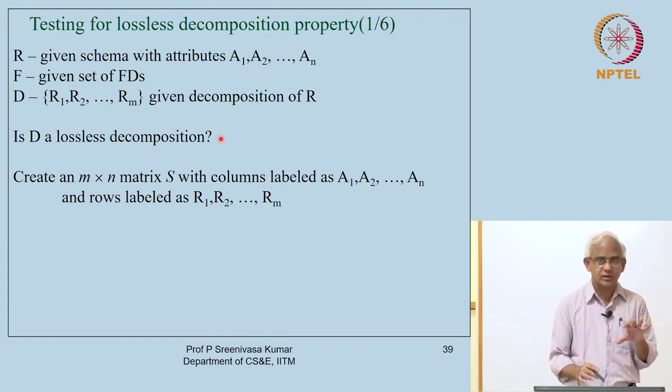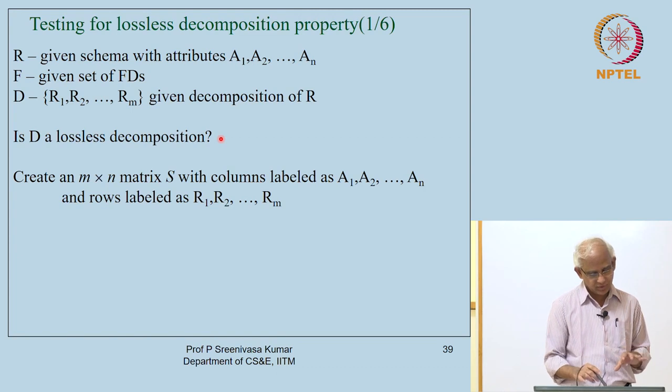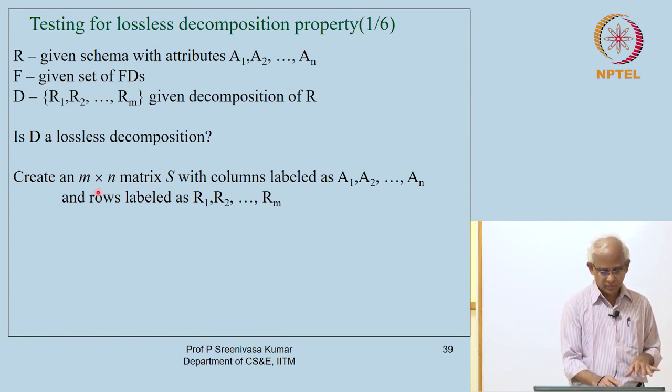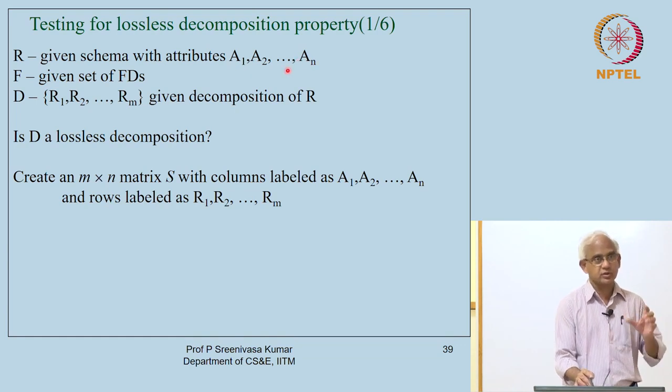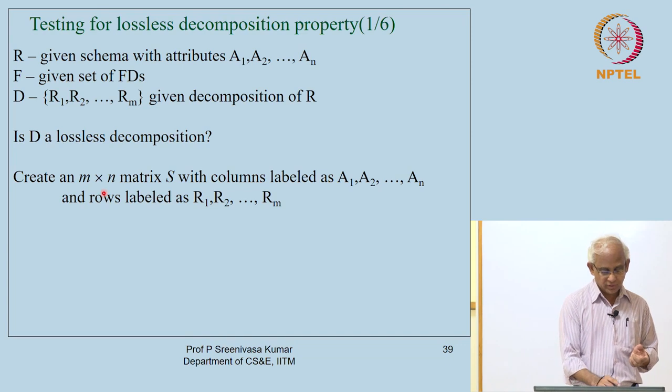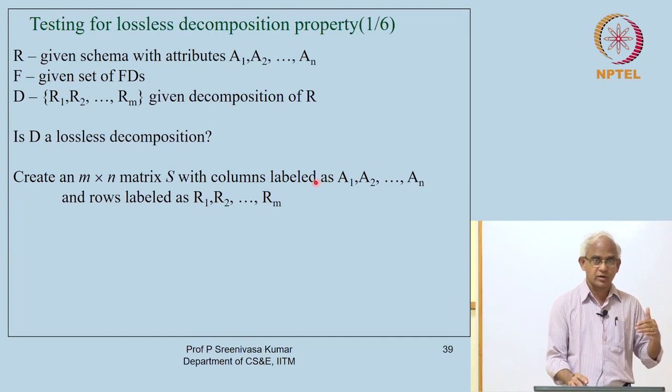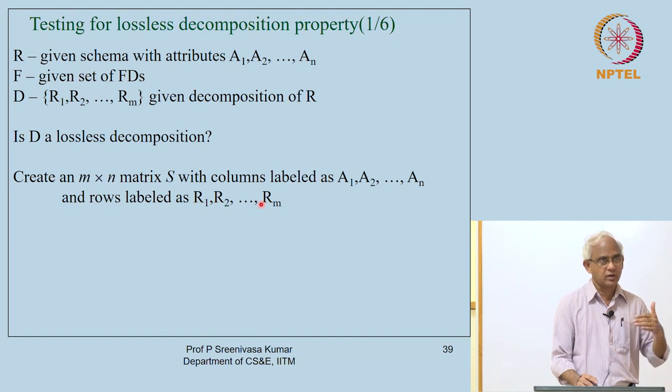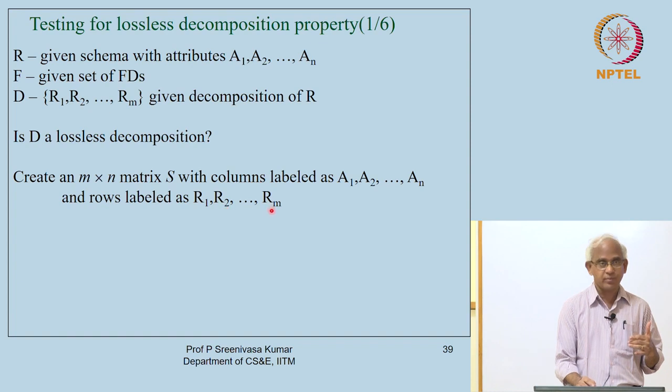This algorithm works on a small matrix actually. We create an M by N matrix, where M is the number of components in the decomposition and N is the total number of attributes present in the original scheme. We create an M by N matrix called S, and the column names are all these attributes A1 through AN, and the rows are labeled by these relations R1, R2, Rm, the components of the decomposition.